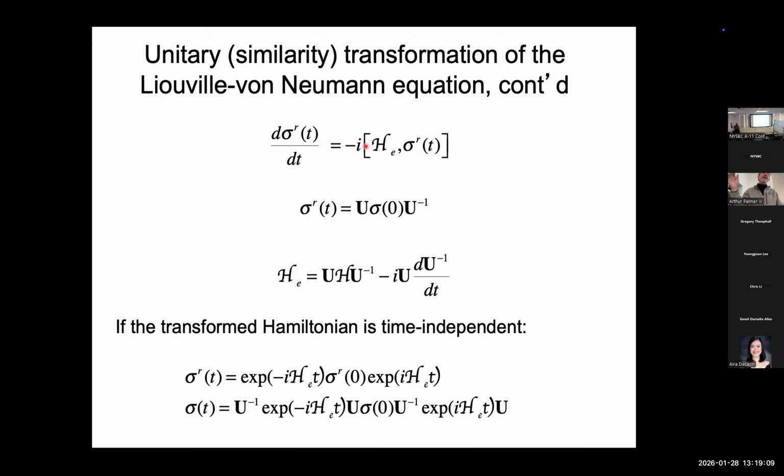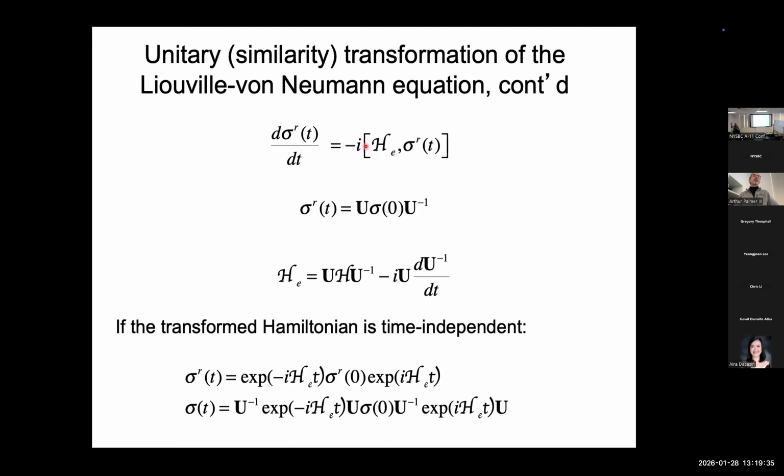From now until we get to relaxation theory, we'll always be able to do this because all we need is the rotating frame transformation. When we get to relaxation, when we get to aspects of solid state NMR, we may not be able to find a transformation that gets to a time-independent Hamiltonian.